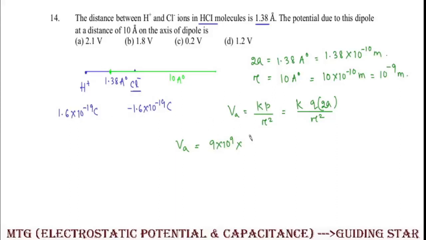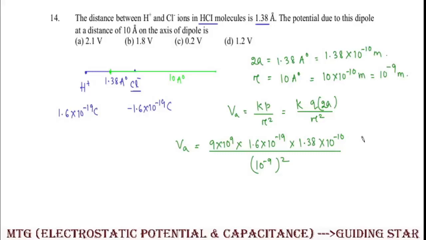You can take either of the charges, magnitude wise. So it will be 1.6 into 10 to the power minus 19 into 2a, which is 1.38 into 10 to the power minus 10, all divided by r square. That means 10 to the power minus 9 whole square.